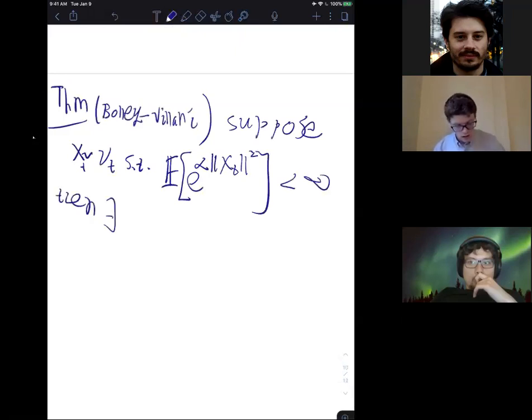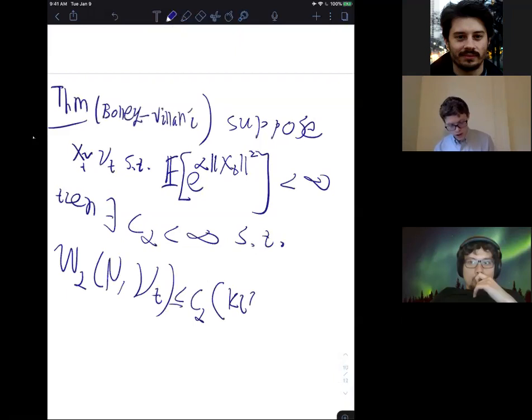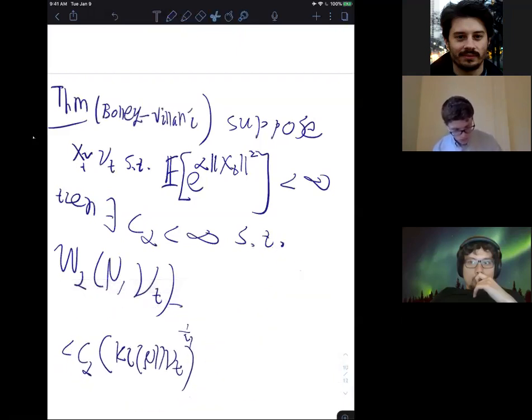Then there exists C alpha finite such that W2 of mu and nu t, where mu is any distribution that's absolutely continuous with respect to nu t, is controlled by C alpha times KL of mu to nu t to the 1/4, plus KL of mu to nu t to the 1/2.